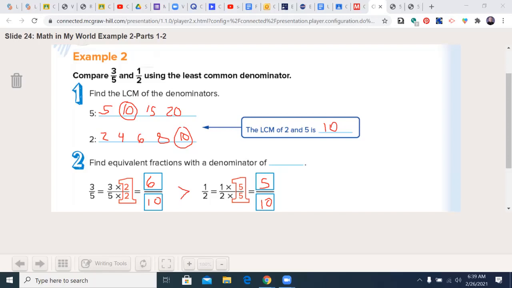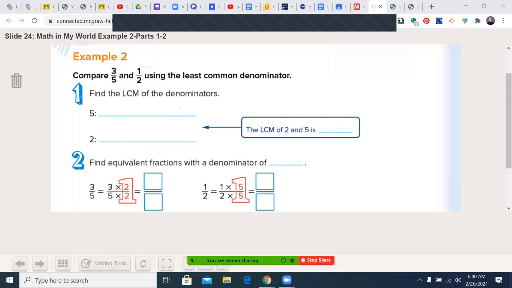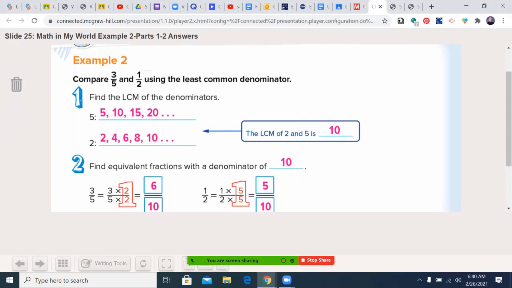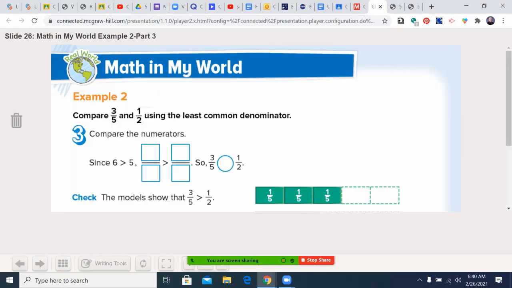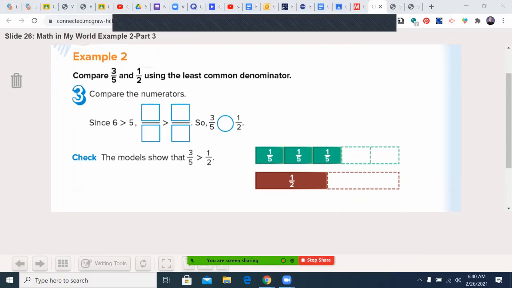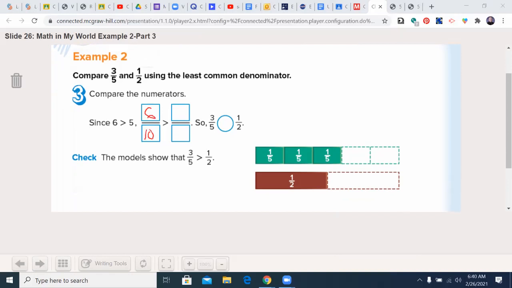All right, go ahead and clear the screen. See the steps there, same as what we did. Now we're to the comparing. And we had 6/10 is greater than 5/10. 6 is greater than 5, and they're both over 10.